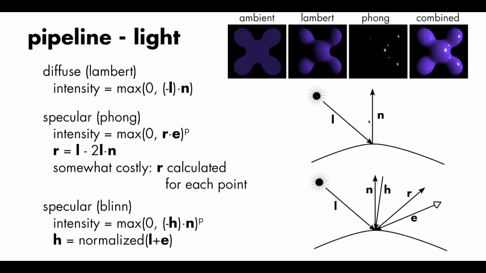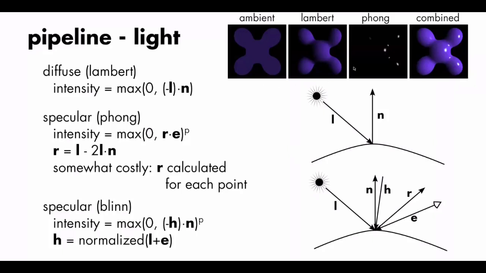The dot product will be exactly 1 if they align, which means the brightest intensity, and then it gradually gets darker, and at 90 degrees, perpendicular, the dot product will be 0, so it's black. If you go beyond, it's going to be negative, which is of course also black, but we have to clamp it to 0, because a negative intensity doesn't make much sense. So this is the standard formula for the Lambert light model.